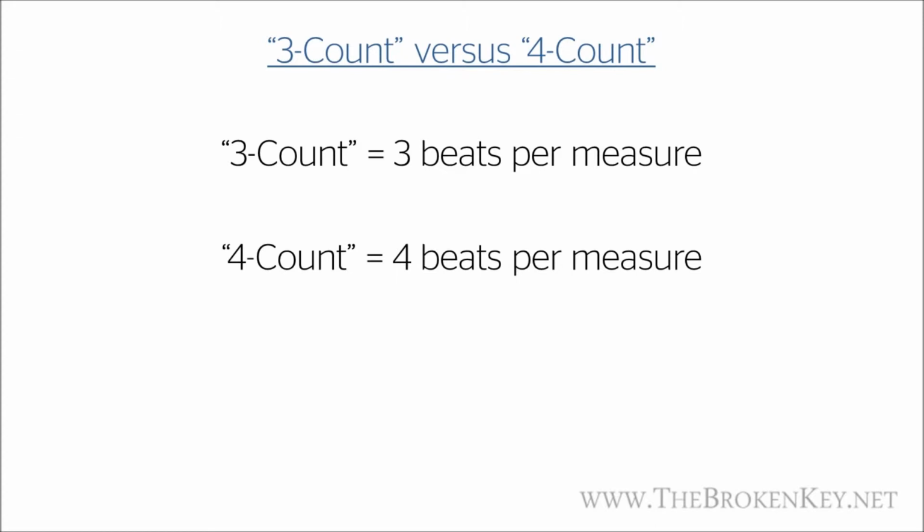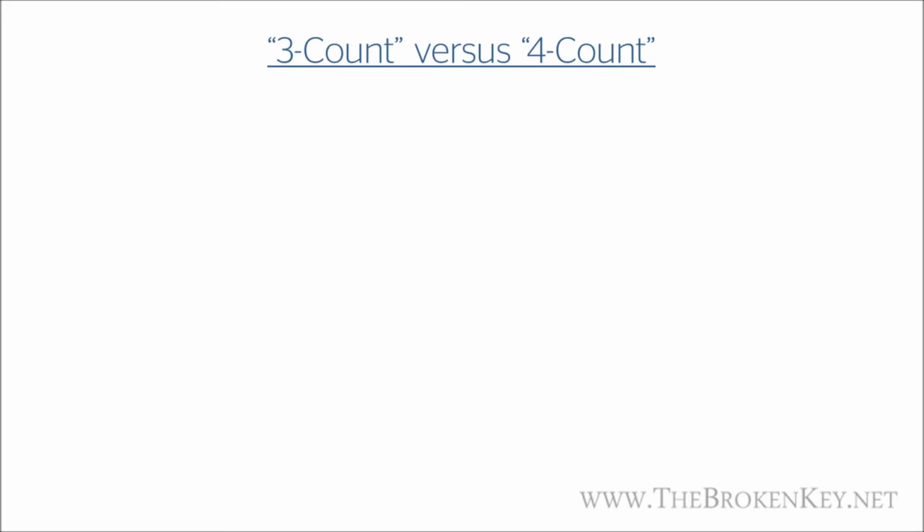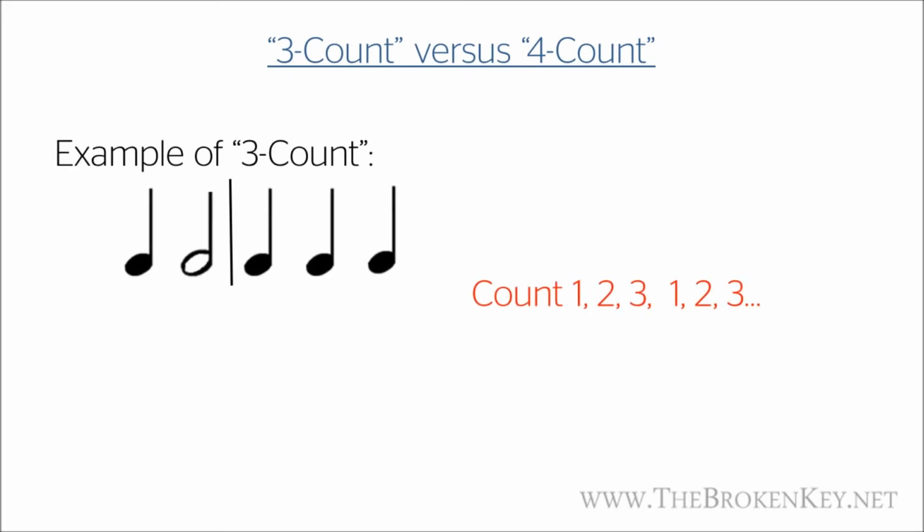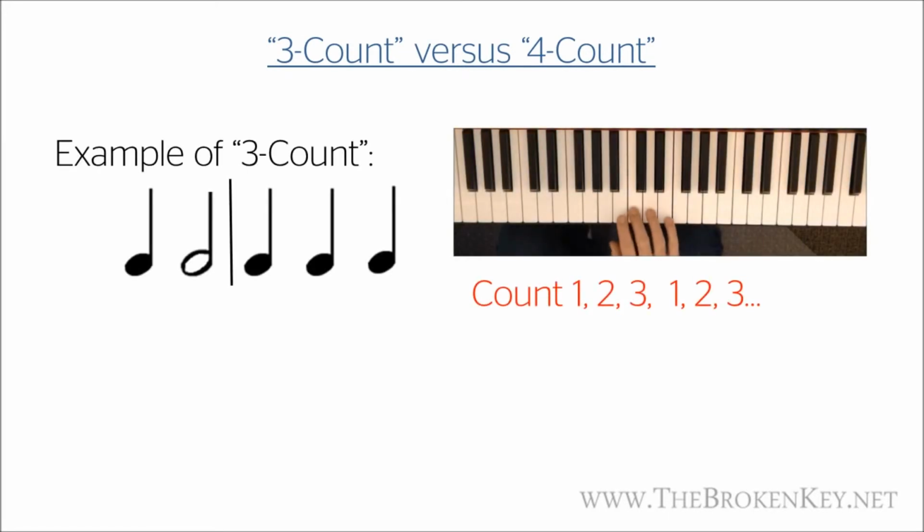And the reason I count through twice is to establish to you whether or not we're going to be using 3 count or 4 count. So here is an example of 3 count. 1, 2, 3, 1, 2, 3.